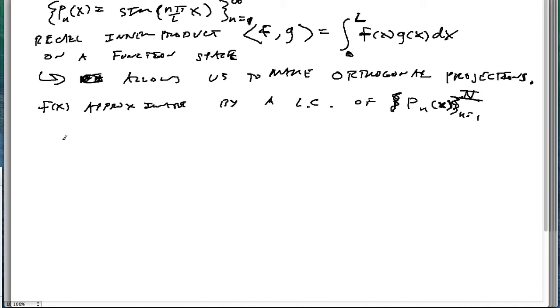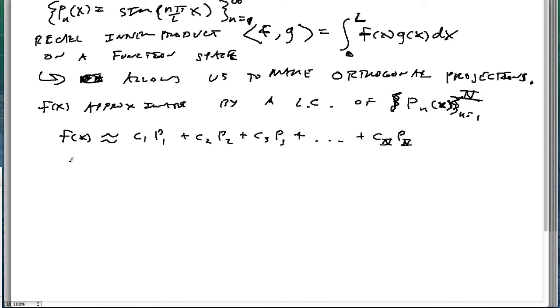So we want to find an approximation, C1 P1 plus C2 P2 plus C3 P3, dot, dot, dot, all the way to CN PN, capital N.